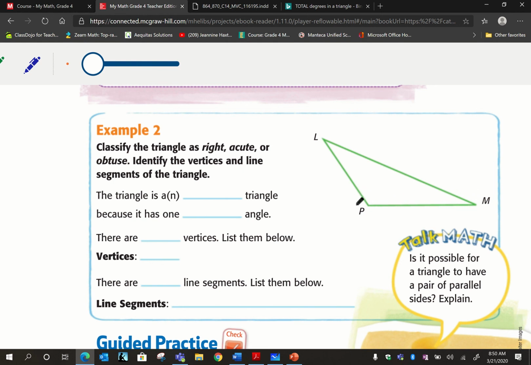And I know this is not a right angle, so this is obtuse. That makes this an obtuse triangle because it has 1 obtuse angle.